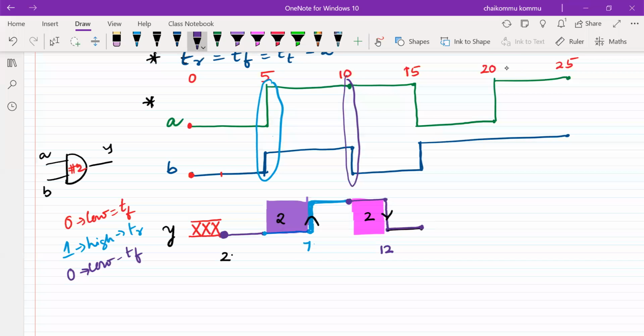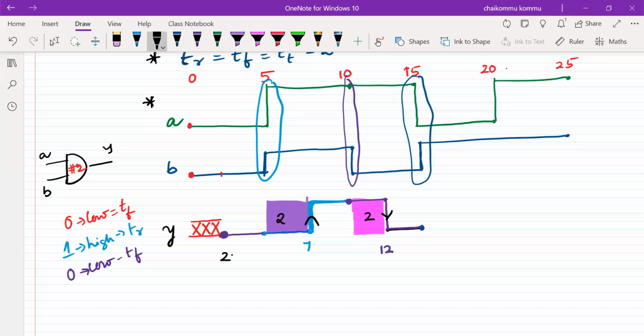But here again you find there is a change. So what is the value of this one? That is 0, right? 0 means it has to wait another 2 nanoseconds to go, but the previous value is equal to 0, therefore it will be continuous. Okay, so therefore it will be continuous.